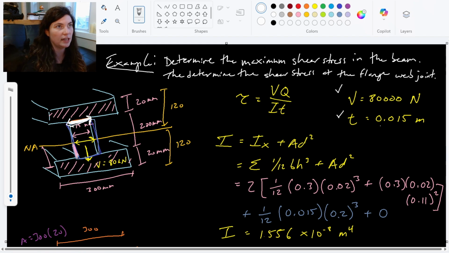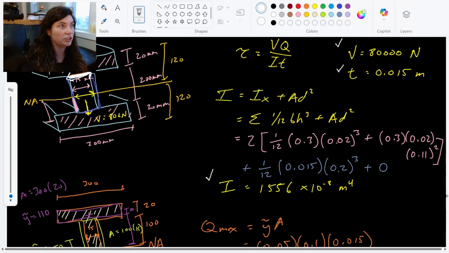So we'll still use that same thickness of 0.015 and the same moment of inertia, right? We did that. That's just a property of the full cross section, so we don't need to calculate that again. But our Q value is going to be different, right?